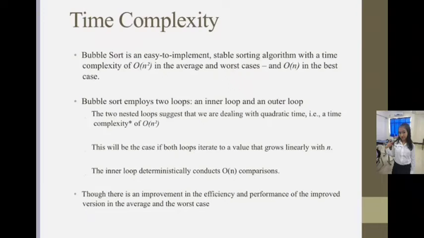The two nested loops suggest that we are dealing with quadratic time, for example, a time complexity of n squared. This will be the case if both loops iterate to a value that grows linearly with n. The inner loop deterministically conducts n comparisons, though there is an improvement in the efficiency and performance of the improved version in the average and worst case.